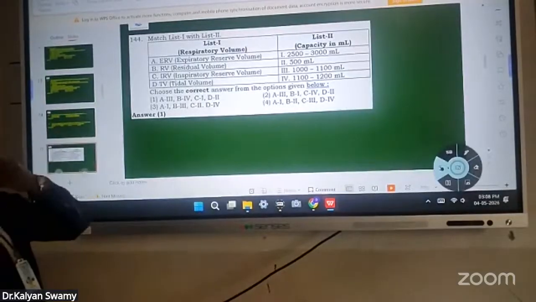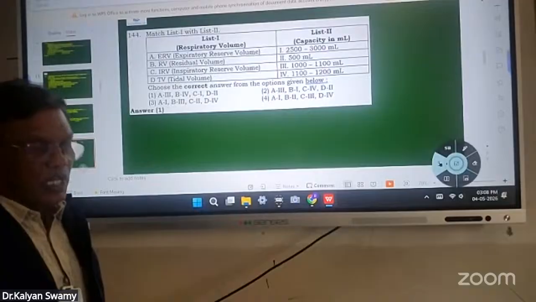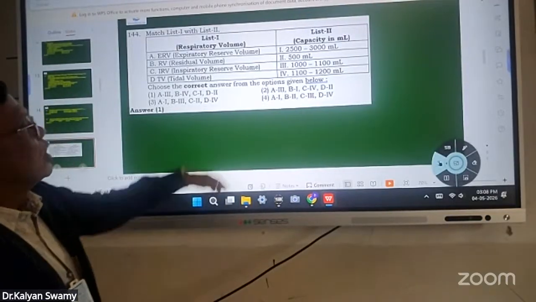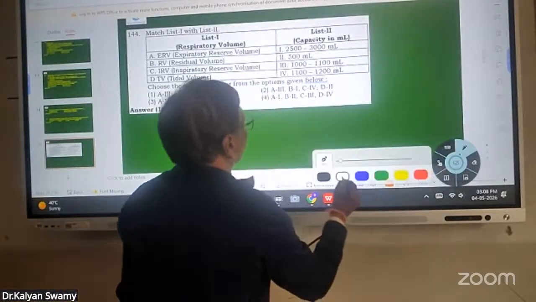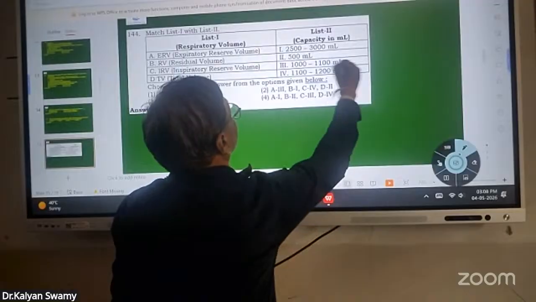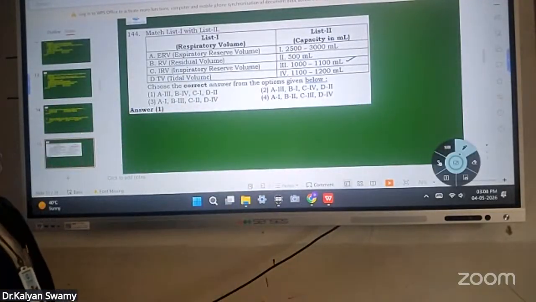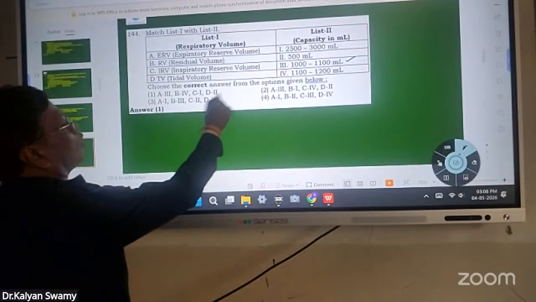Then here, a matching type of question. ERV, the expiratory reserve volume, is the air released by force, 1000 to 1100 ml. A3, what is A3?